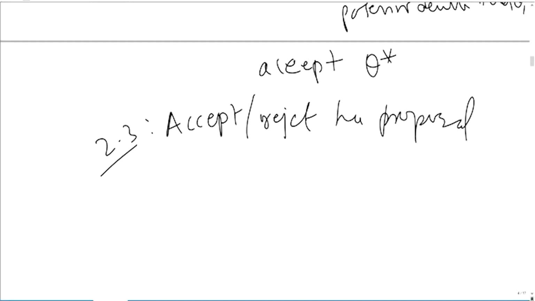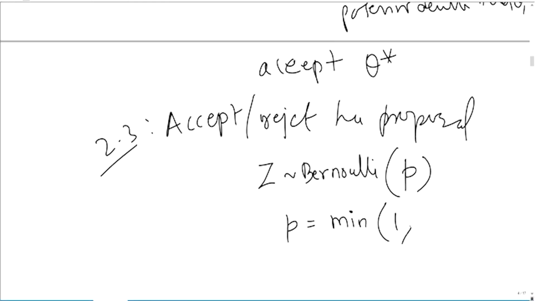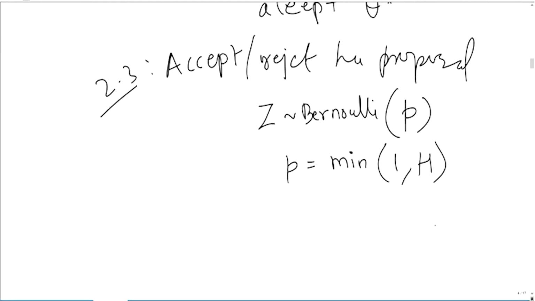What you can do is this: let's say we generate a value of a variable z from a Bernoulli distribution with parameter, let's say, p, where p is equal to minimum of 1 and h. So we generate z from the Bernoulli distribution with parameter p, where p is equal to minimum of 1 and h.